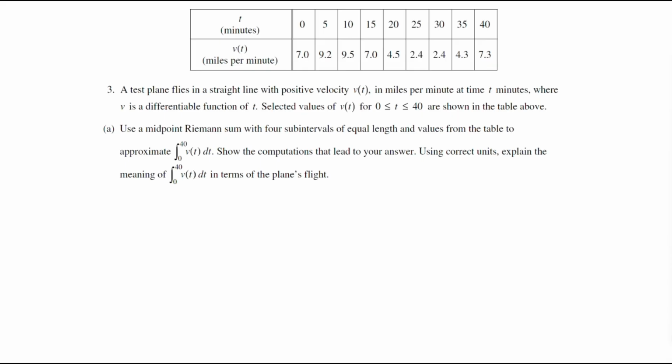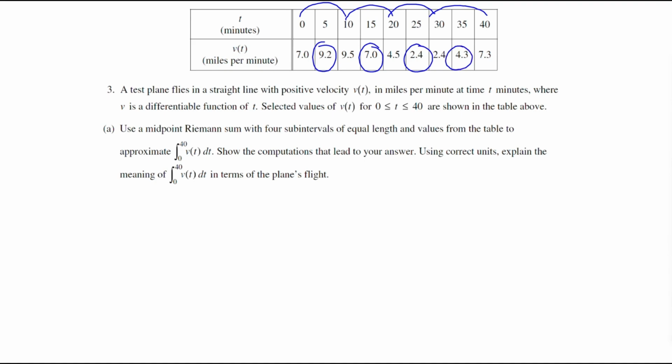We want to use a midpoint Riemann sum with 4 subintervals of equal length to approximate the integral from 0 to 40. So 4 subintervals of equal length will be 0 to 10, 10 to 20, 20 to 30, and 30 to 40. And so we'll use our midpoints here of 9.2, 7, 2.4, and 4.3.